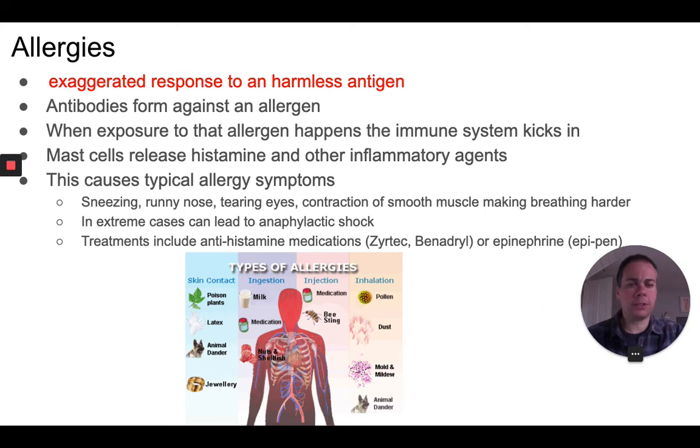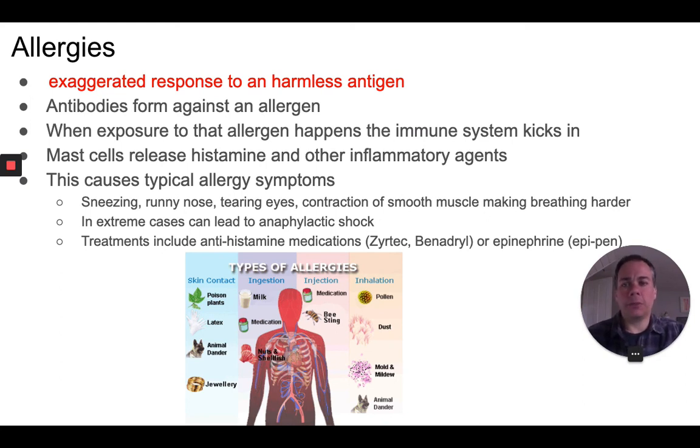Even though peanuts are not a pathogen and not harmful, some people just develop these allergies to specific substances. People can have allergies to all sorts of things: medications, environmental pollutants, pollen, dust, bees, peanuts, other types of nuts, animal hair, etc.